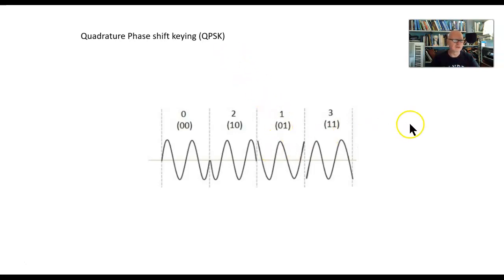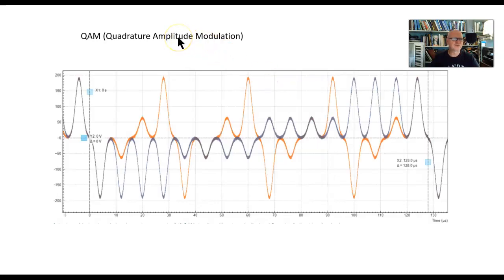Now I do have a 4th one, something we're going to call quadrature amplitude modulation. What we do in this is combine amplitude and phase. By combining amplitude and phase, I can create a whole bunch of different possibilities. And during a given period in time, say from 0 to 10 or 10 to 20 or 20 to 30, I can represent a whole bunch of different possible combinations of ones and zeros.